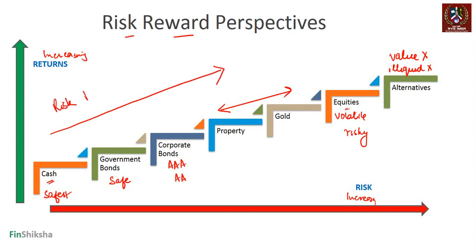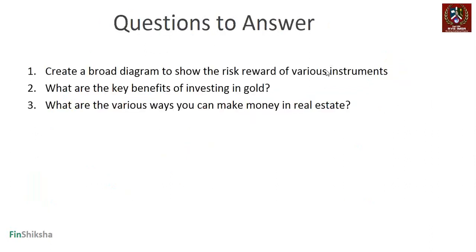Risk tolerance increases, then you will look for investments on the right side. If risk tolerance decreases, you will look for investments on the left side. That is primarily the risk and reward perspective of all the major asset classes and investment avenues that we have seen. Let's close this particular section with a few questions.